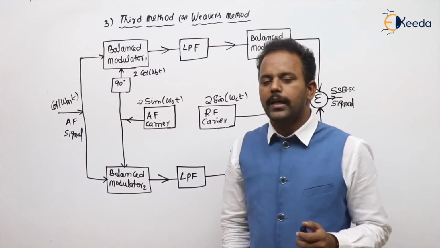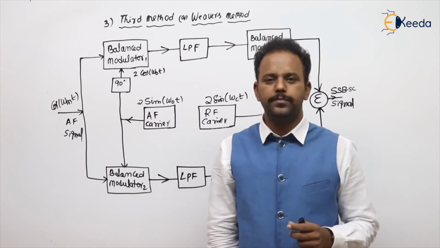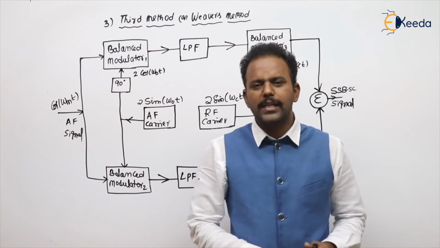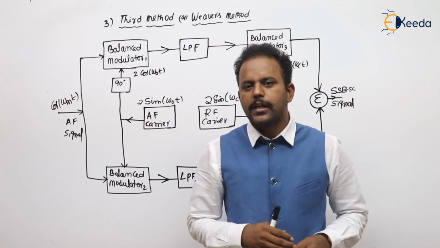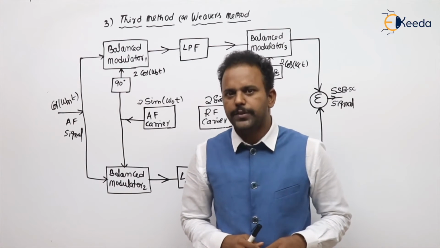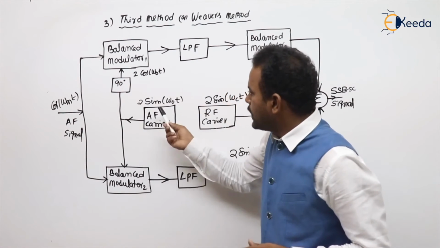Now this we are making the 90-degree phase shift. Let me bring the expressions, then the output will be the SSB-SC signal you will get, then you will be satisfied with that.